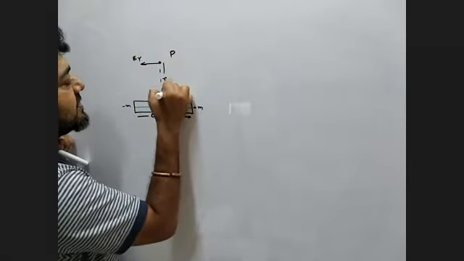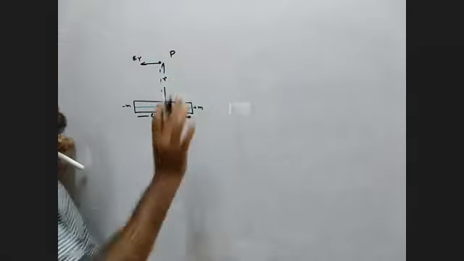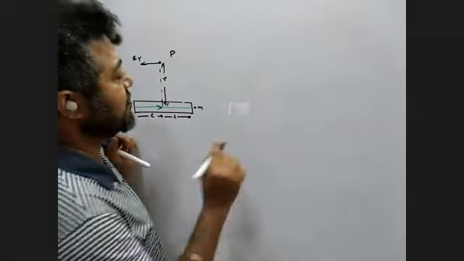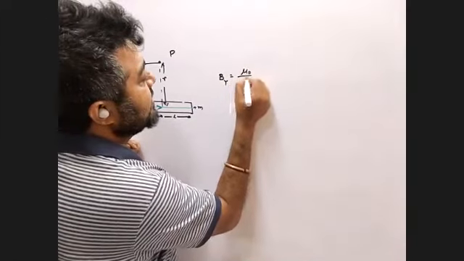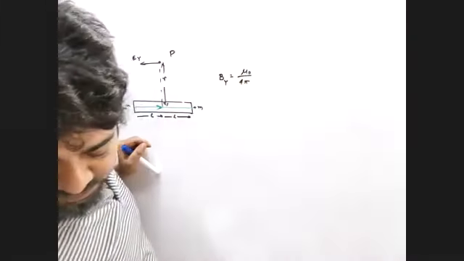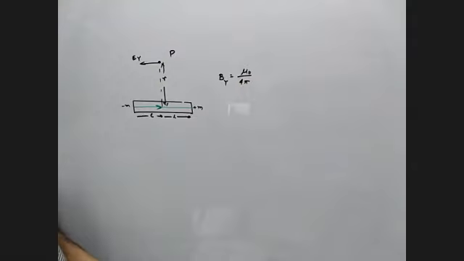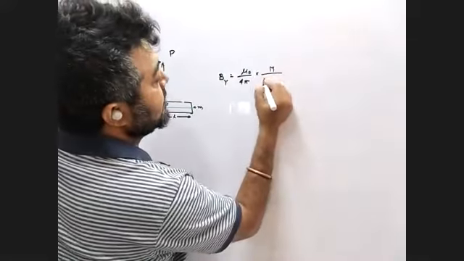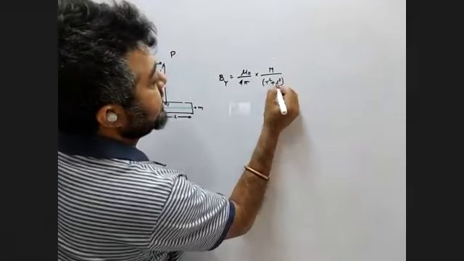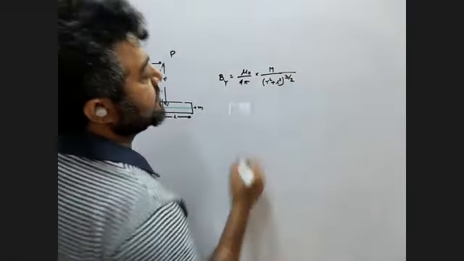R is the distance, and we don't need to derive all these things because you already know for magnetic field. Anyone tell me, mu naught by 4 pi, what is the net formula? M by R square plus L square whole to the power 3 by 2. Very good.